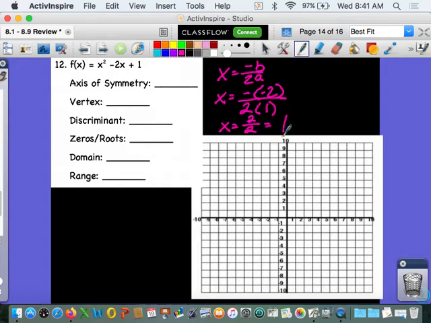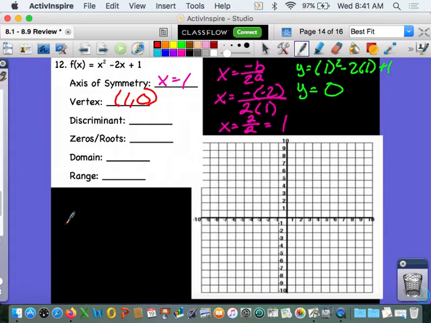So my axis of symmetry is x equals 1. How do I find the vertex? Plug it in. So I would have y equals 1 squared minus 2 times 1 plus 1. And I believe when you solve that, you get y equals 0. So that makes my vertex 1, 0.